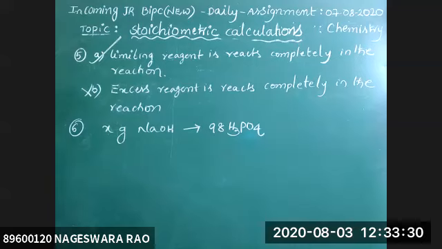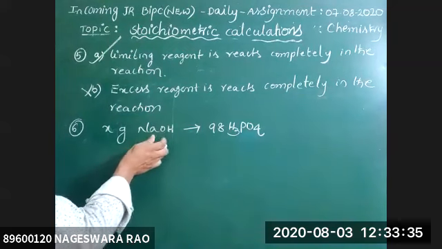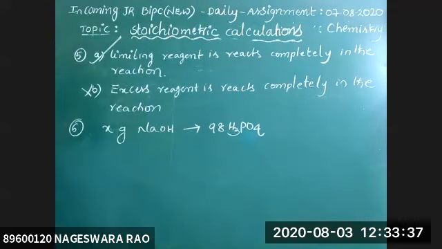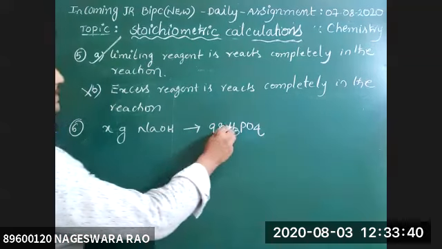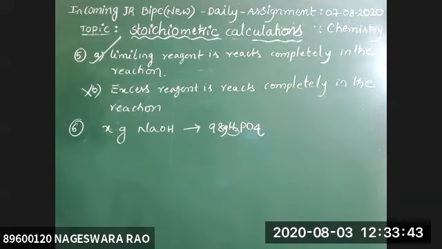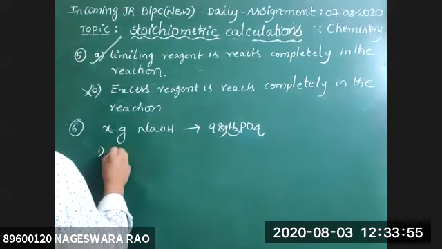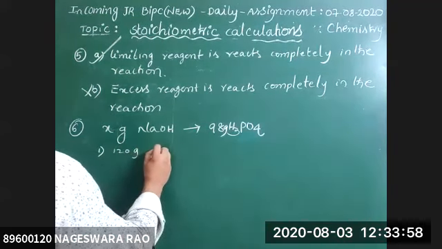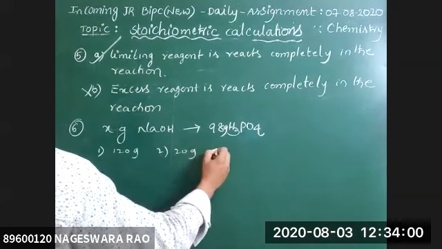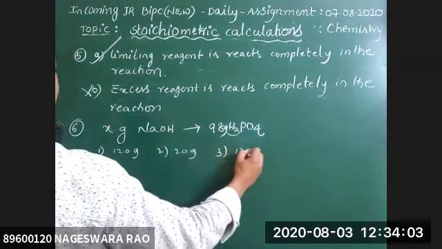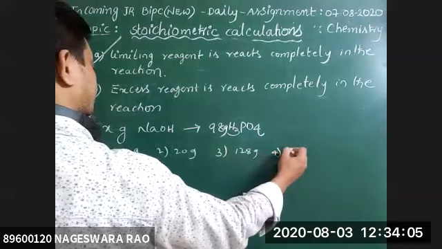What is the weight of NaOH? That means, what is X in this reaction? So the options: 120 grams, 20 grams, 128, and 80 grams.